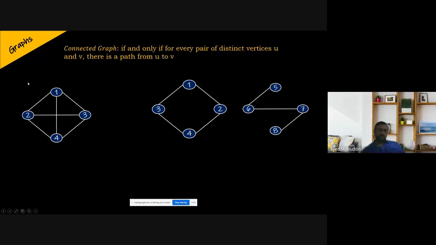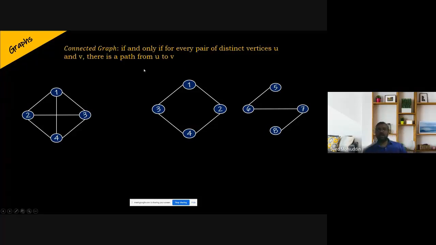Now, if you consider this graph on the left side, how many vertices are there? There are 4 vertices, and from every vertex you can reach every other vertex. That is, between every distinct pair of vertices there is an edge.